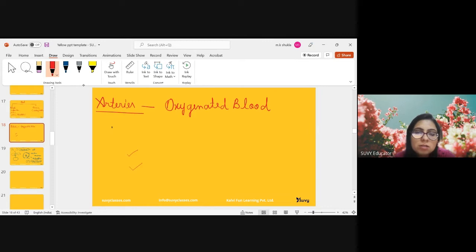Oxygenated blood means oxygen rich, O2 rich blood. Where do you get oxygenated blood? From the heart, because the heart pumps the oxygenated blood from the heart to all over the body.